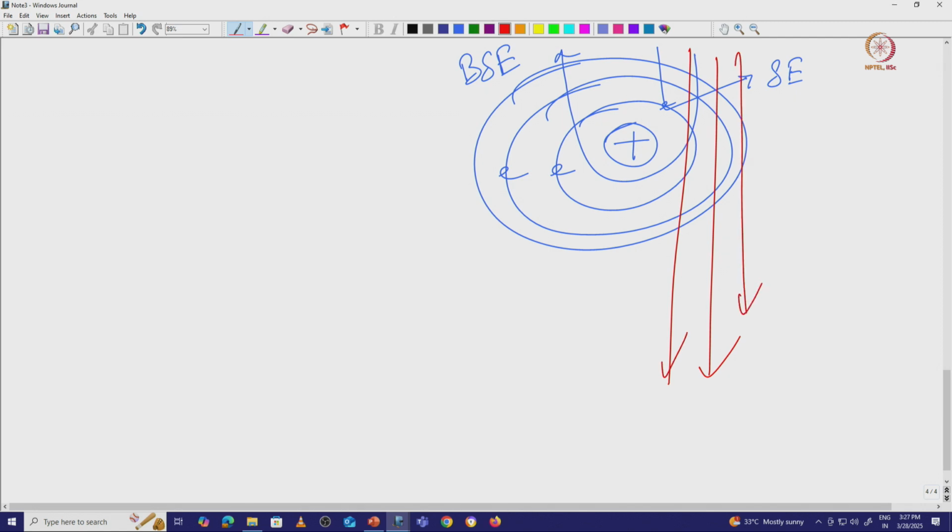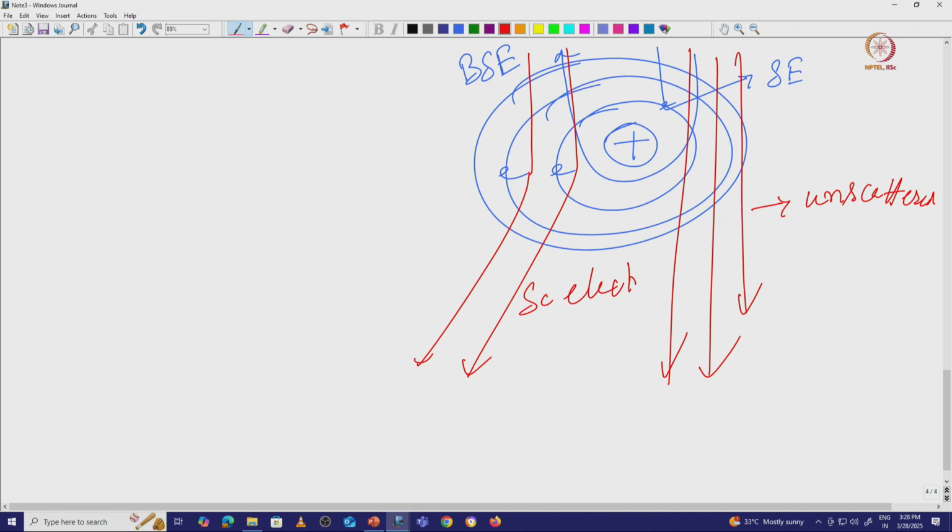Because these are very light atoms, and in biological science samples most of the atoms are very light atoms. Now some electrons go closer to the nucleus, and then there will be a deviation. So this is the unscattered electron beam, which we already discussed, and this is the scattered electron beam. Whenever we are getting an image, we are considering the unscattered and the scattered electron beam.